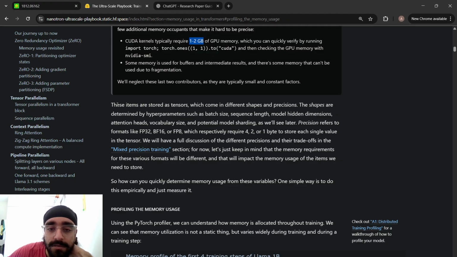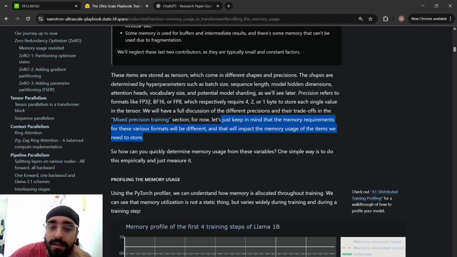These items are stored as tensors. The shapes are batch size, sequence size, model. They're saying that we can have multiple precision levels that we can use.